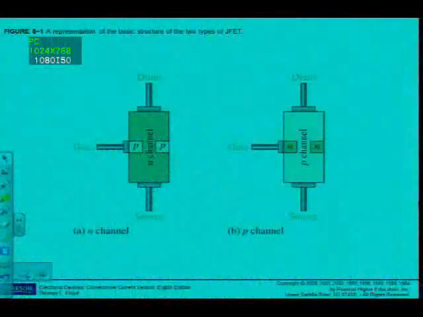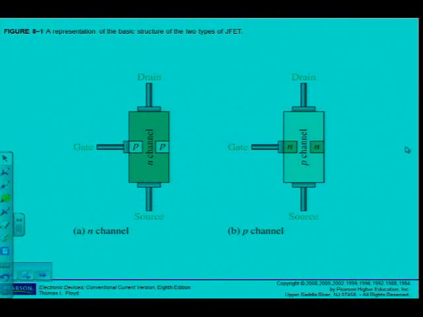Now if we go and look at figure 8.1, basic structure of the device, the same as we have seen with the BJT. Also a 3-terminal device, but the construction is different. I can see now I have also two types, N channel and P channel.